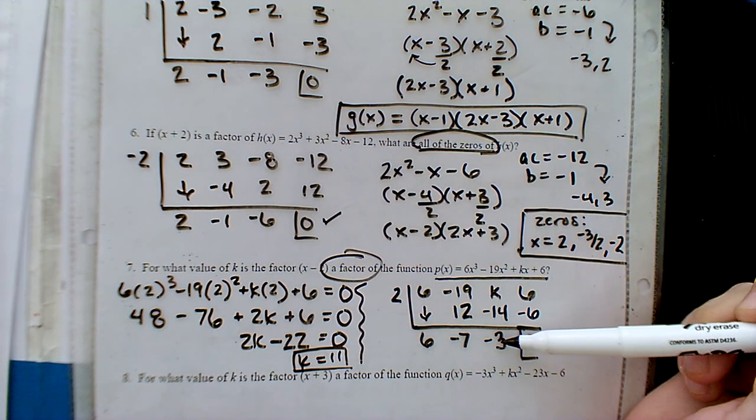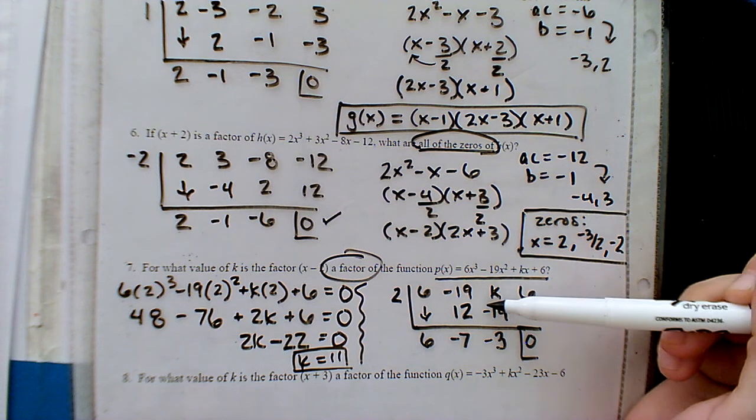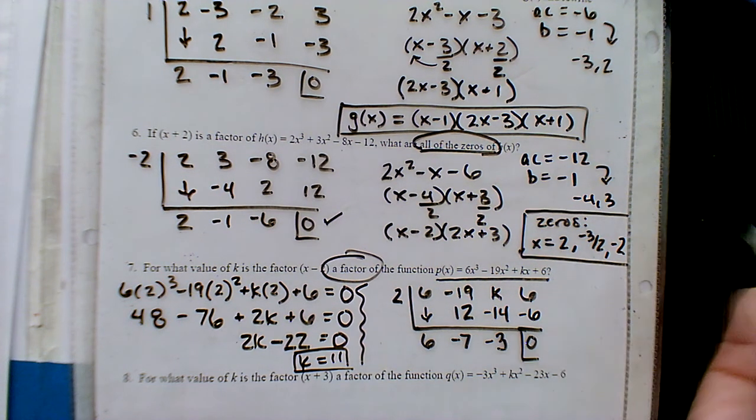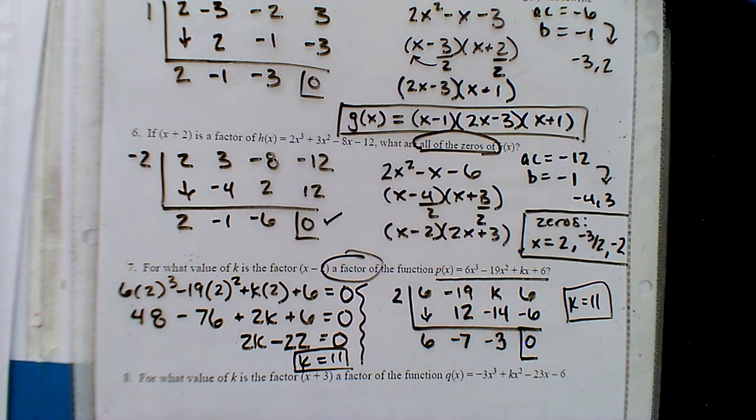And if this number is negative 3, what would k have to be? 11, because 11 plus negative 14 would give you the negative 3. So there is a way to still complete this problem by using synthetic division. It's more of a thinking process, okay, if you work forwards and backwards, but it's still a technique or a method. Okay, so whichever one you're more comfortable with is completely fine with me.